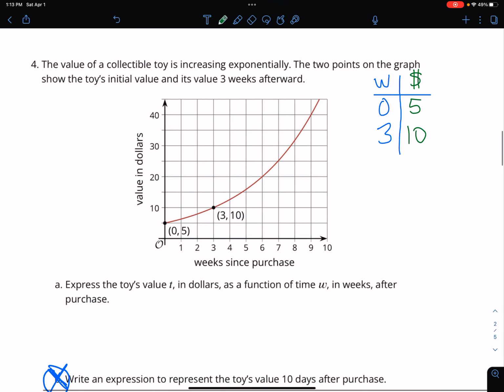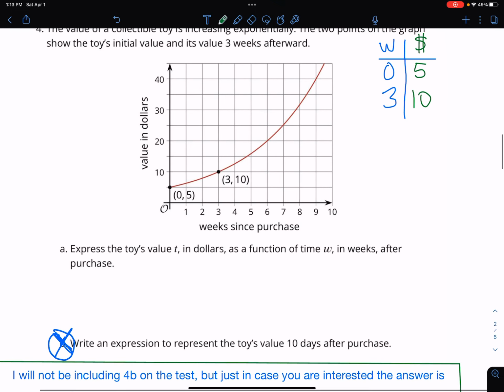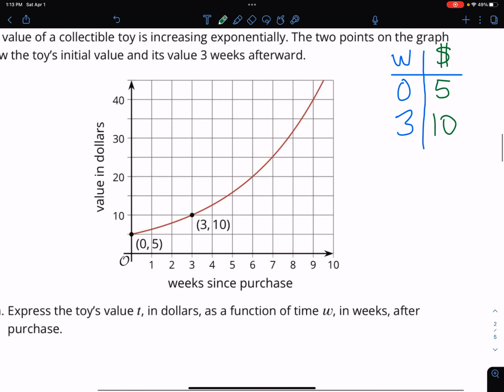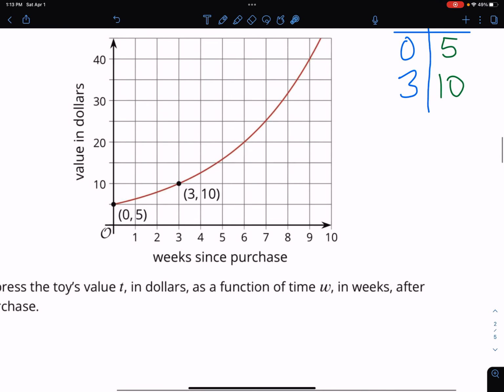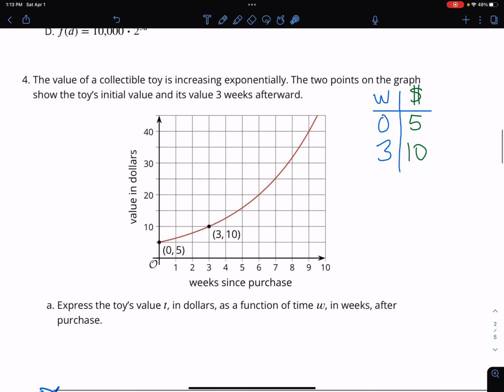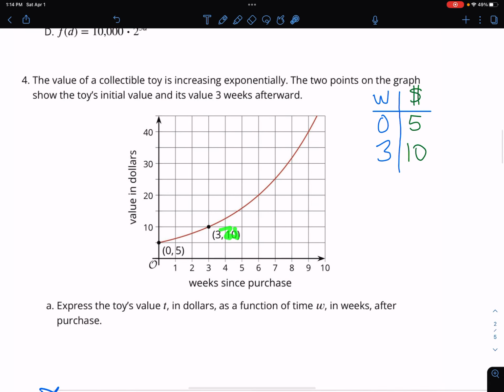All right, so we know what those coordinates mean. Now, there are some people that are going to see this and immediately say, hey, this thing doubled. It just went from 5 to 10. That's times 2. But maybe you don't see that. Maybe it's some more complicated numbers where you don't know how to divide them and it doesn't make sense what the rate was.